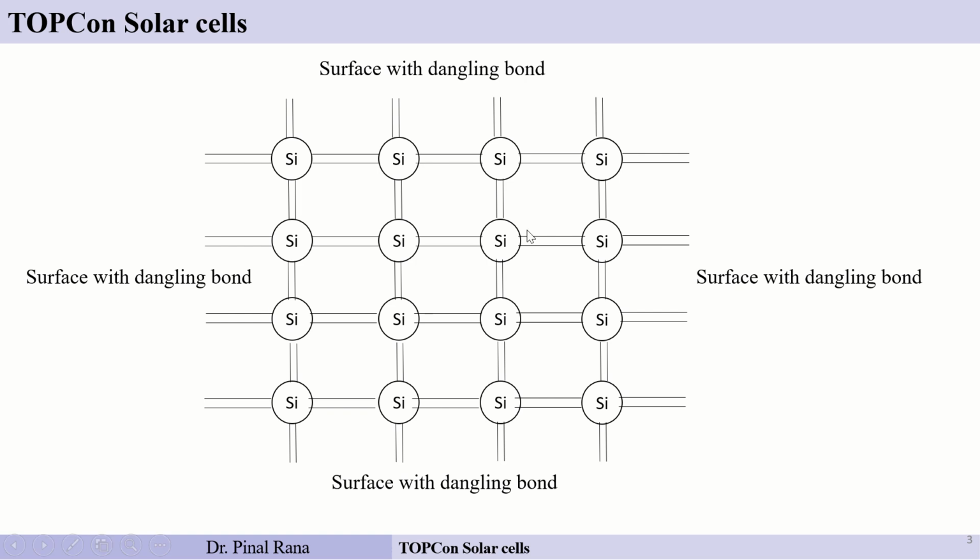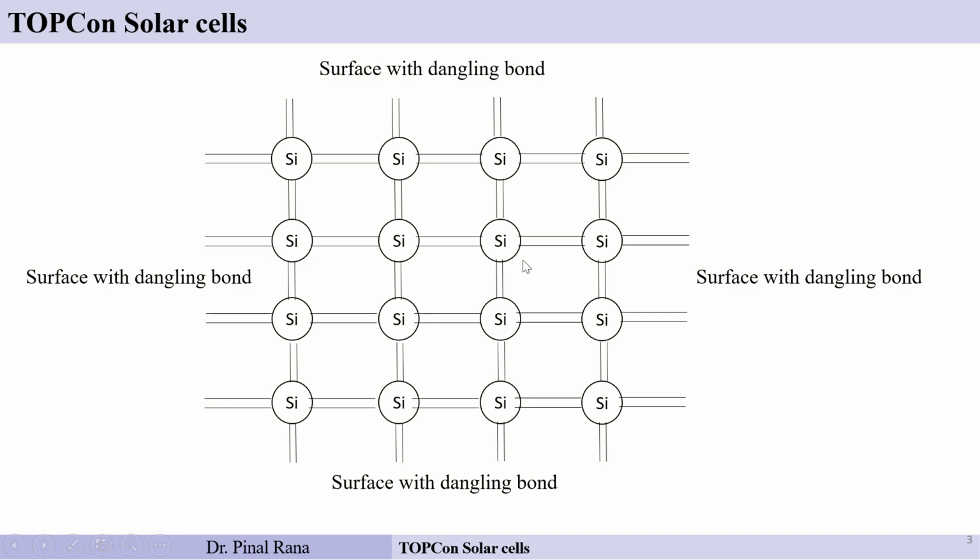In this case, we have shown the bond between silicon and silicon. Here one electron of each silicon forms a bond with electrons of four different silicon atoms.